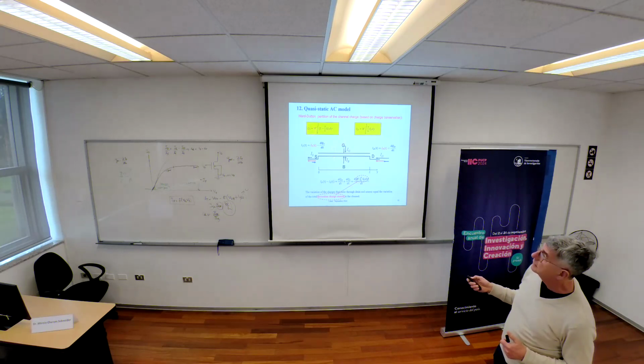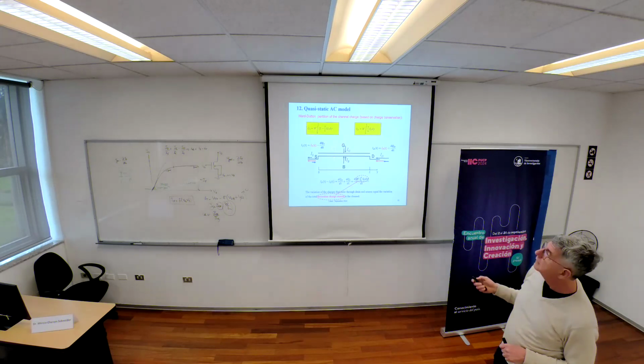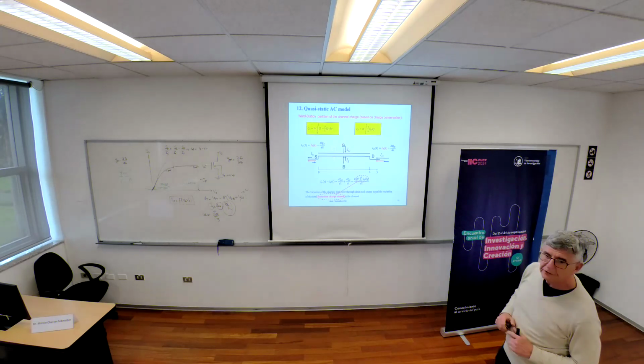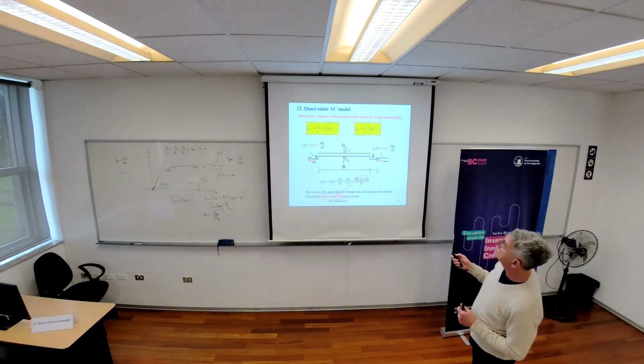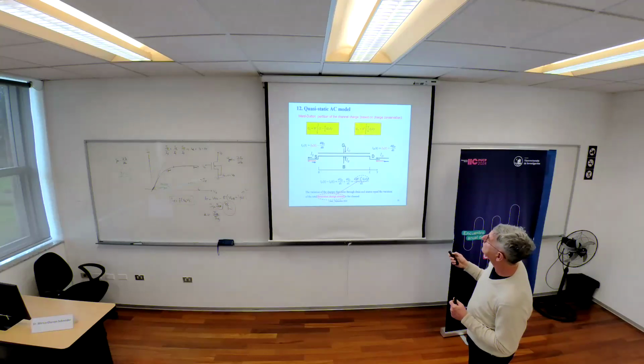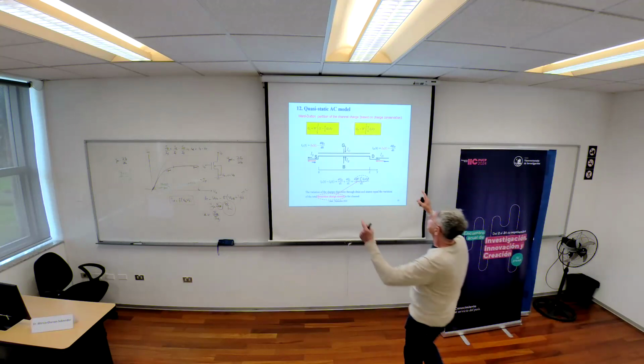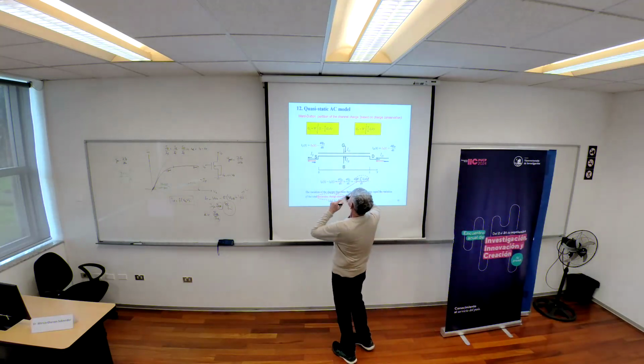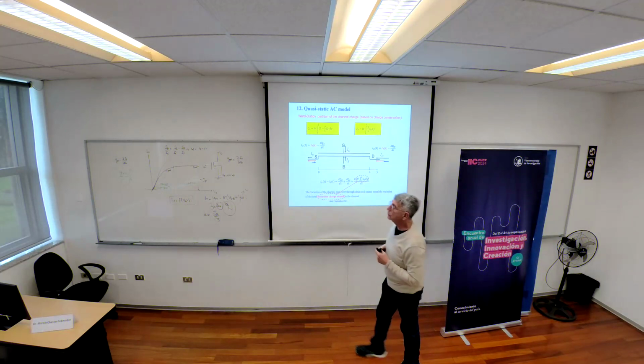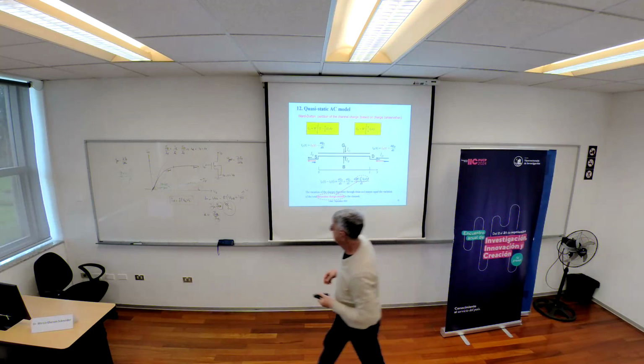The charge associated with the source is given by this expression, and the charge associated with the drain is given by this expression. You see that if you add the two charges, you have the total charge in the channel.